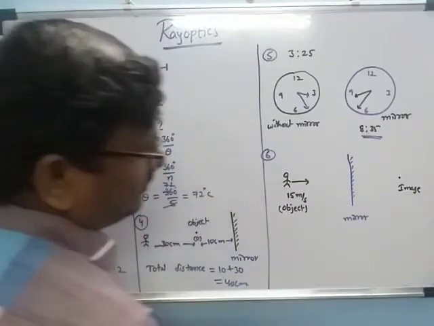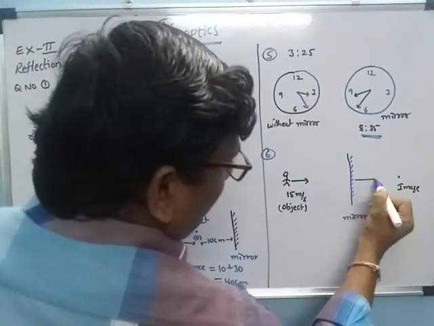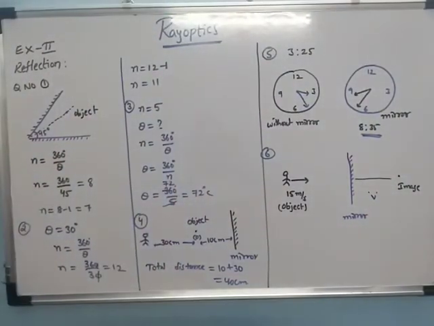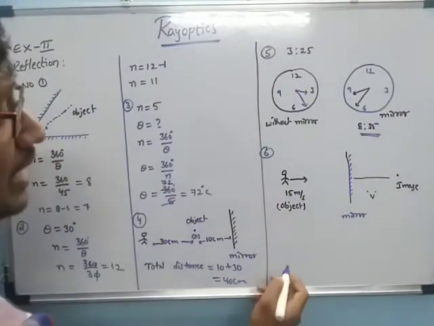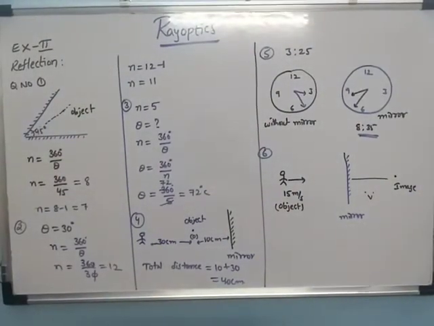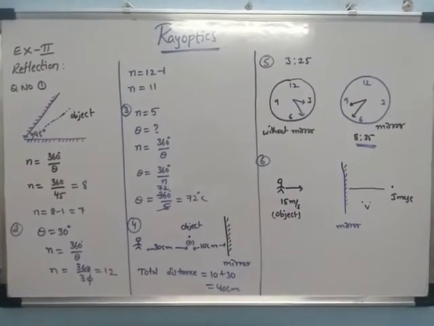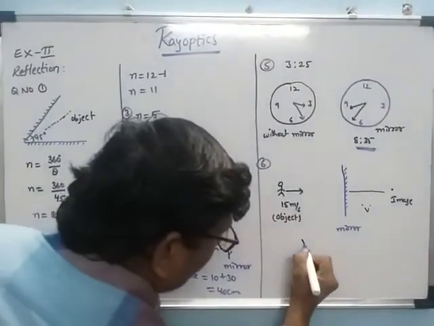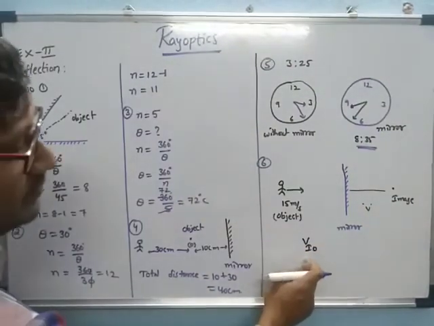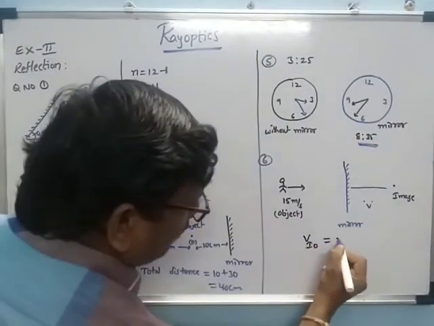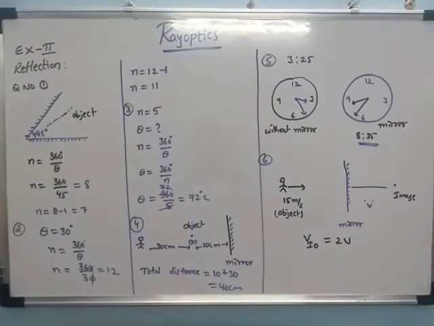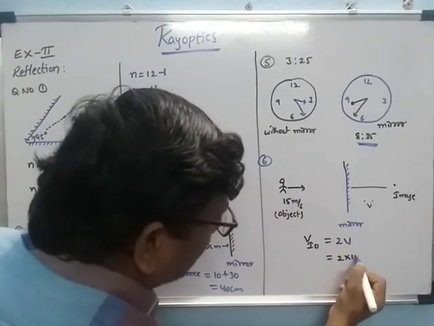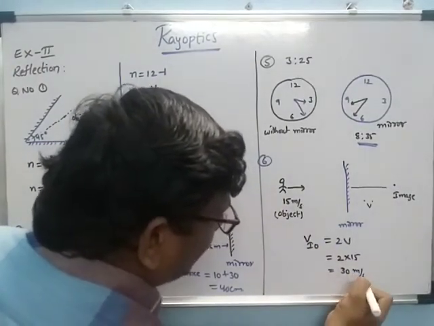Now this velocity is called the image velocity. We have already discussed one concept: the velocity of the image with respect to the object, V_IO, is equal to 2V. So we write 2 times the velocity, 15, which is equal to 30 meters per second.